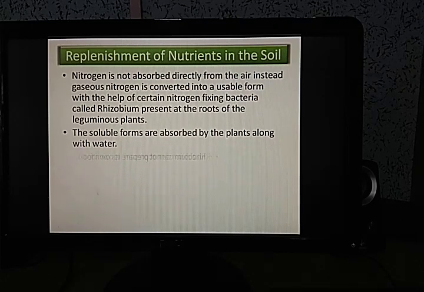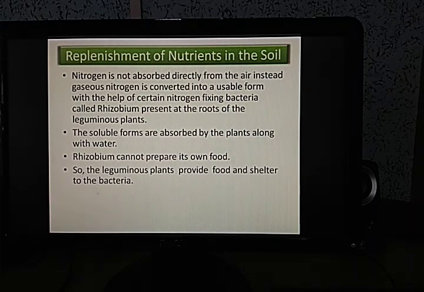Now, the rhizobium cannot prepare its own food. So from where would they get the food? Obviously from the plant. So what is arising here is a symbiotic relationship between rhizobium and the plant, just like the fungus at the roots of the trees. It is the same. So the leguminous plants provide food and shelter to the bacteria.